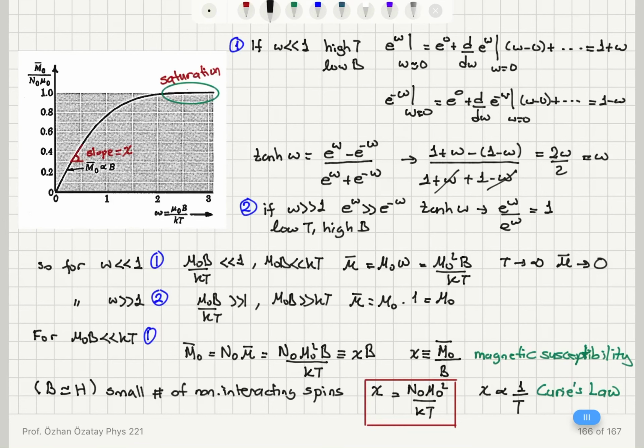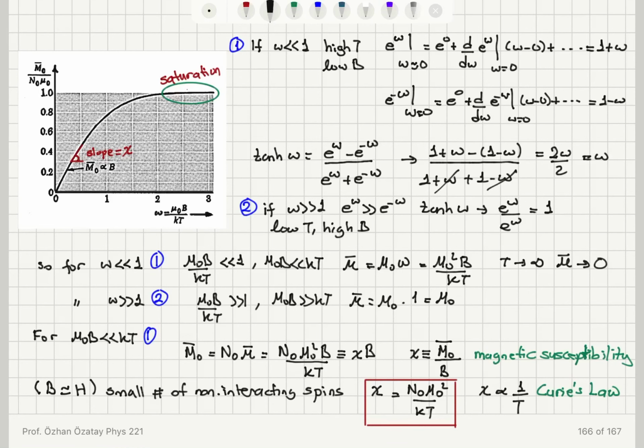So if you look at the corresponding magnetization value, it becomes n 0 mu bar. For the first limit, high temperature, low magnetic field, we see a linear dependence on magnetic field. The coefficient is chi, the magnetic susceptibility, the ratio of the magnetization to the external magnetic field.